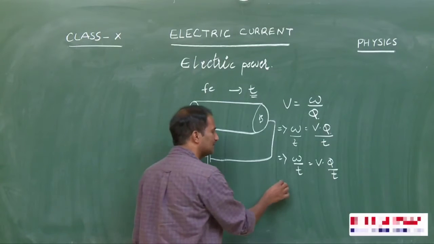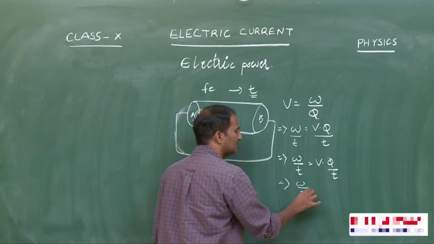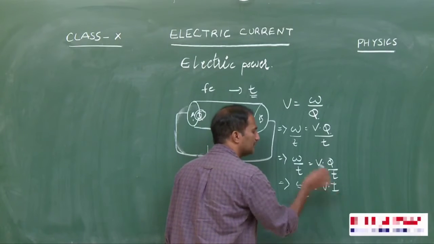This can be written as W by T equals V into I.